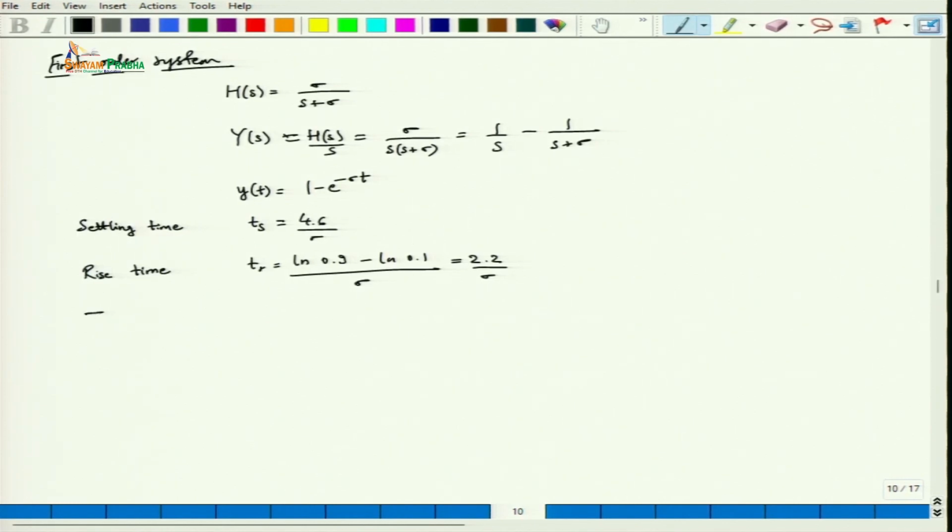Now the other important aspect for this is what we call the time constant, and that is defined as tau is equal to 1 by sigma. The way that is obtained is this: we take this particular quantity sigma tau equal to 1, so tau is equal to 1 by sigma. So these are the important time domain specifications, that is the settling time, rise time and time constant for a first order system.